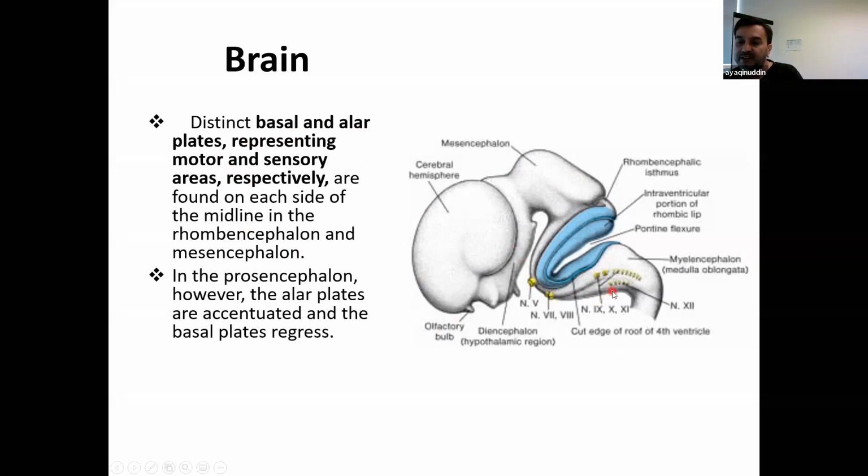This pontine flexure divides the rhombencephalon into the cranial piece, which is the metencephalon, and the caudal piece, which is the myelencephalon. Myelencephalon is going to give rise to the medulla. Metencephalon is going to give rise to the pons as well as the cerebellum.